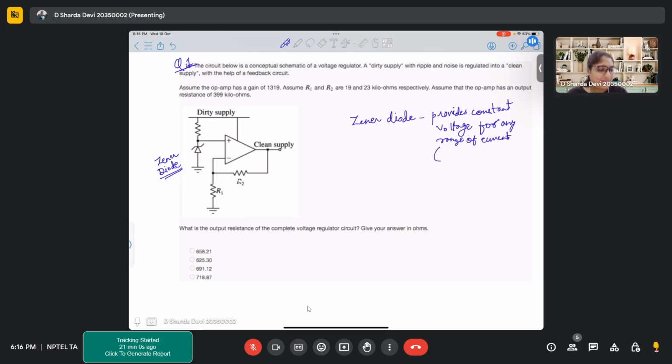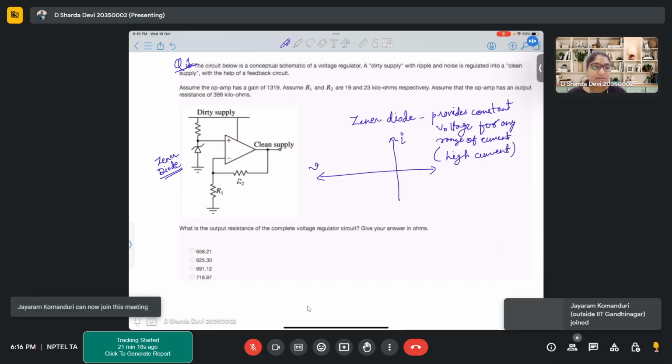Especially if we talk about high currents. Because if we talk about the IV characteristics of a Zener diode, first of all, you operate your Zener diode in reverse bias.